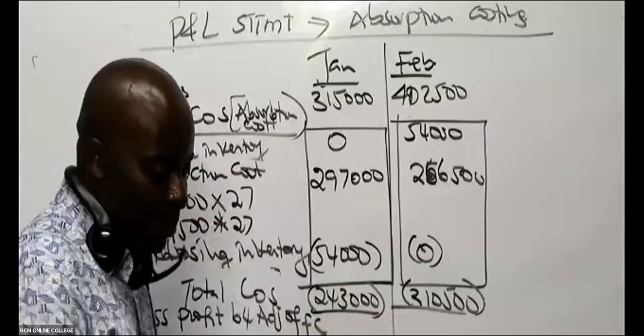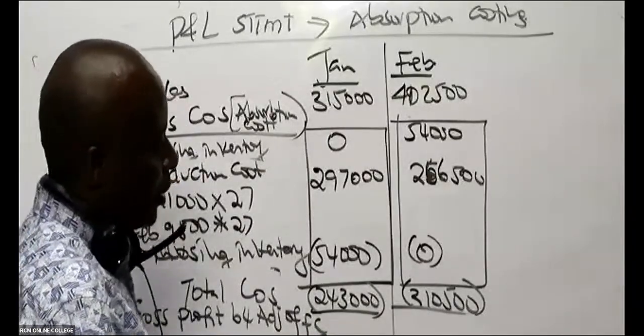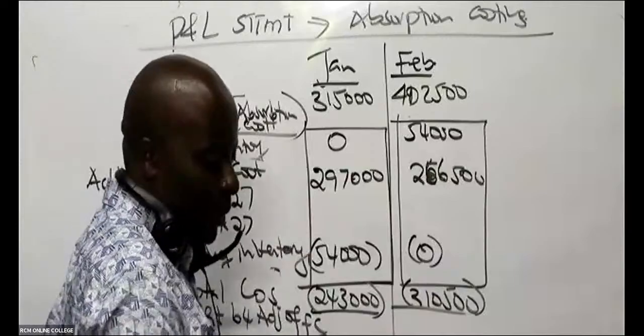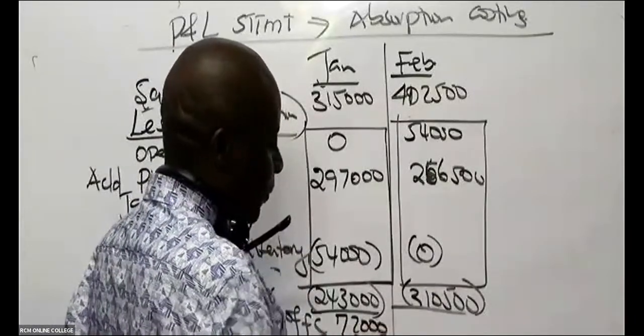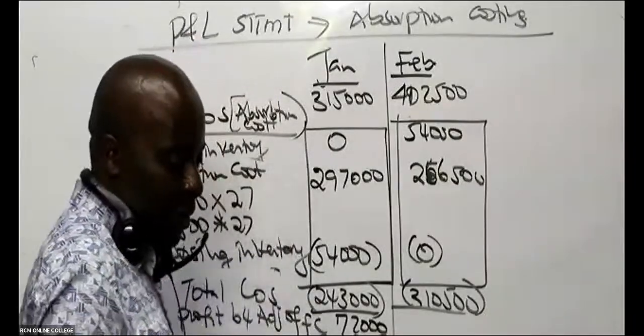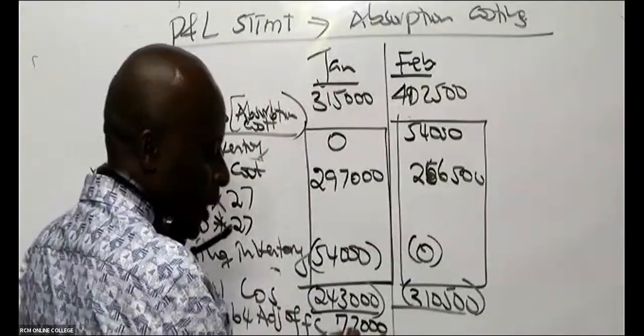So the first one I'm being told is 92,000. They're telling me that is February. The first one is 72,000, and then the second one is 92, right?